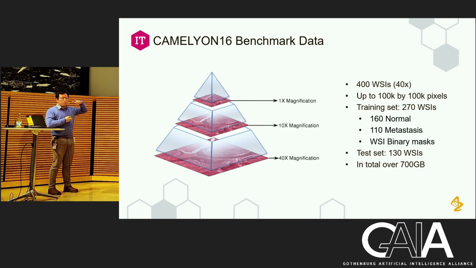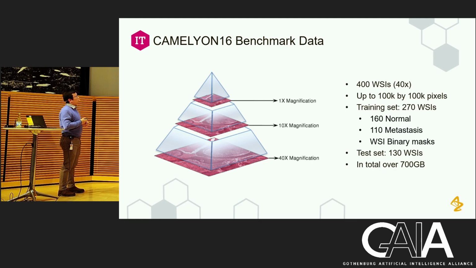If you go from level 0 to level 1, for example, it will be half the resolution in terms of height and width, and then you keep going. The way they store the image in such a format is to allow the pathologists to zoom in and zoom out very freely when they view the image.